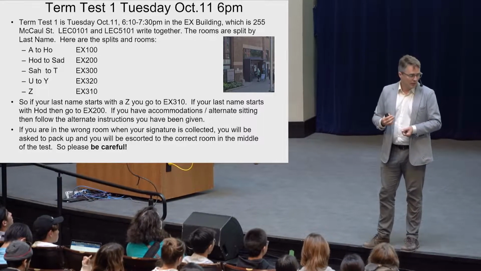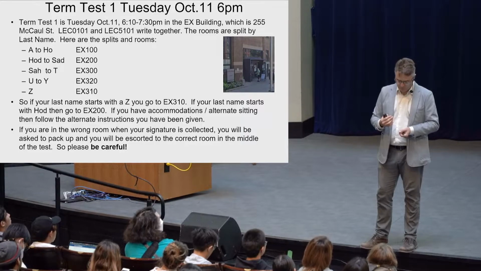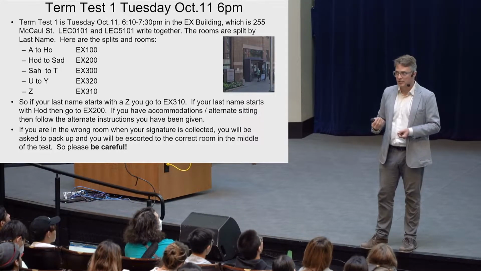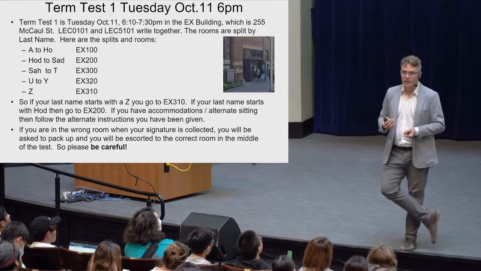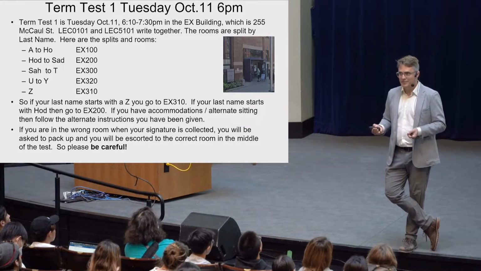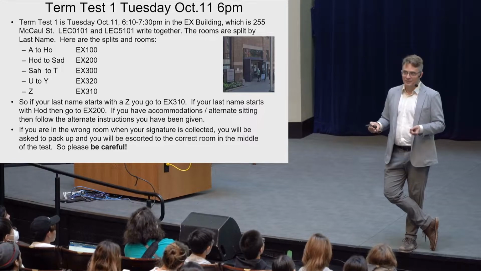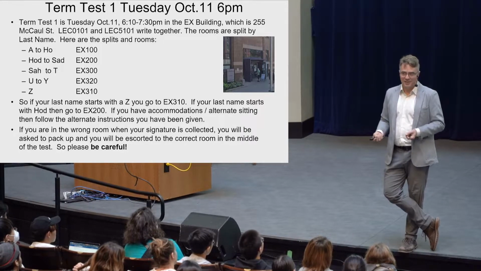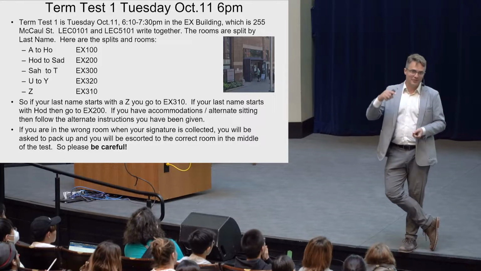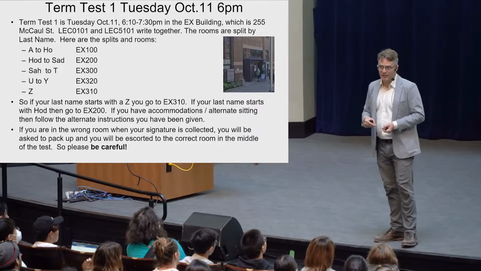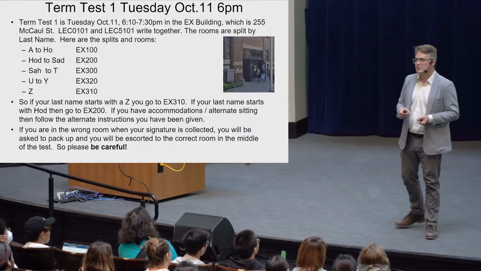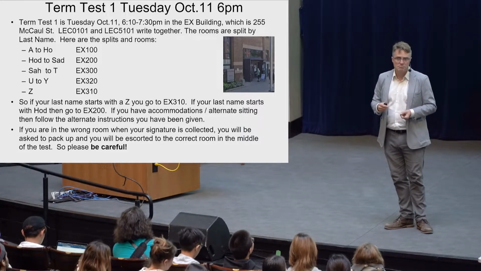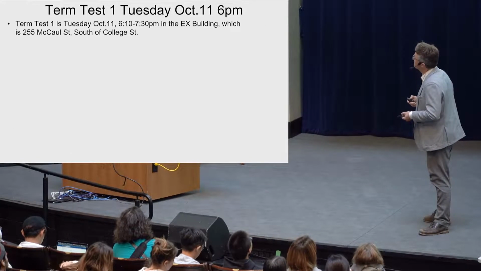But if you're in the wrong room, then you're not going to be on the signature list, and it's going to be a problem. What will have to happen is you'll say what your last name is, and then they'll know what room you're supposed to be in. You're going to have to pack up all your stuff, walk with the invigilator, find your other room, be dropped off, and it's going to take some minutes out of your test, and it'll be kind of embarrassing. So try to get your right room, if you can.